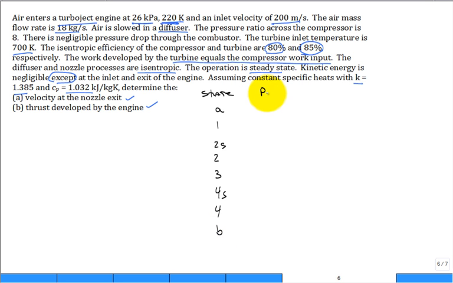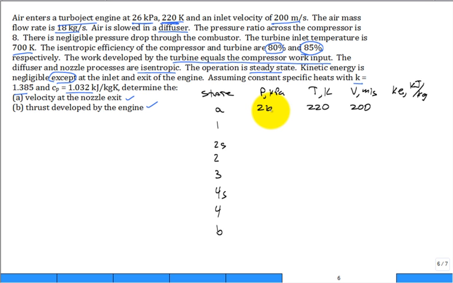We're interested in the pressure in kilopascal and the temperature in Kelvin, and we're given the inlet pressure of 26 and the temperature 220. I'm going to put over here the speed, V, in meters per second, at 200, and the only places I'm going to calculate are A and B. The rest is negligible kinetic energy. Can you calculate the kinetic energy in kilojoules per kilogram at state A?